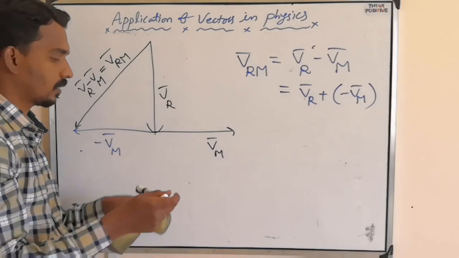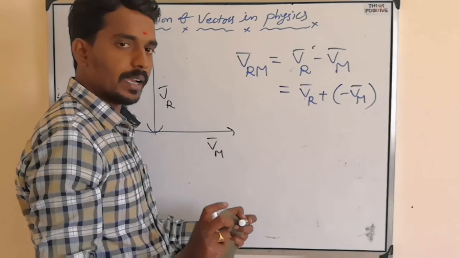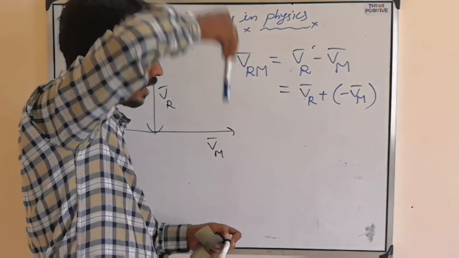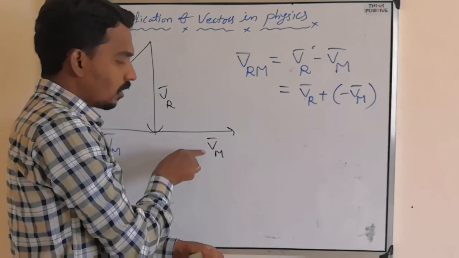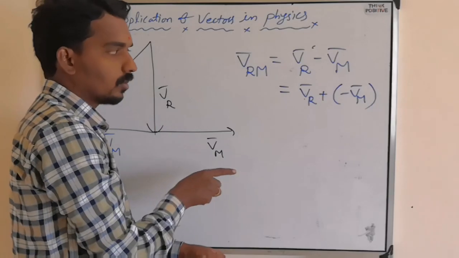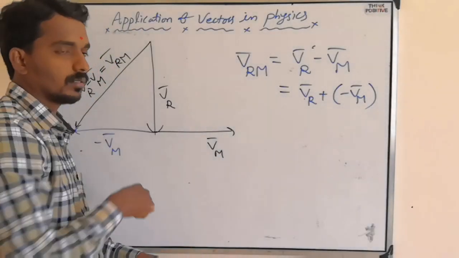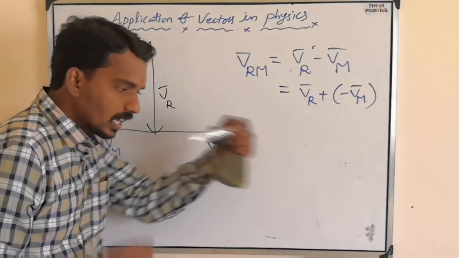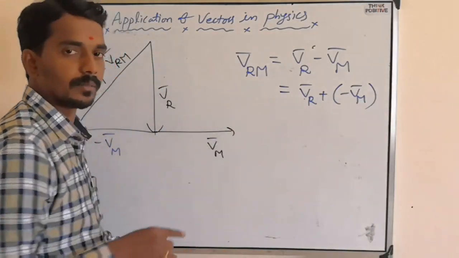See. If you stand here, just at rest, then rain falls vertically downward, like this. Because you are standing, Vm is 0. So Vm 0 means Vrm is Vr only. So it falls straight down. But you are running, walking, or moving on the bike in this direction.